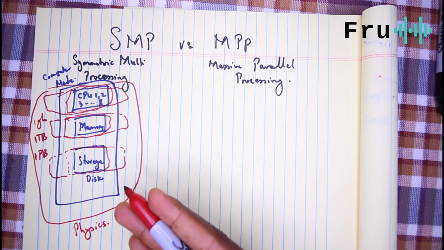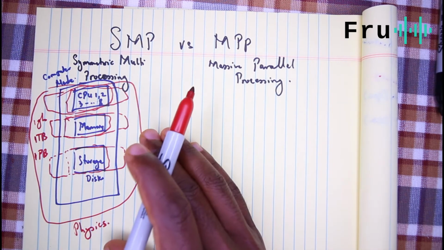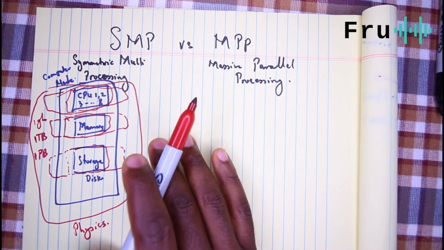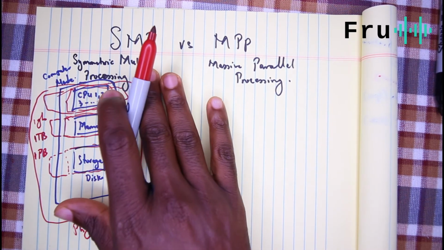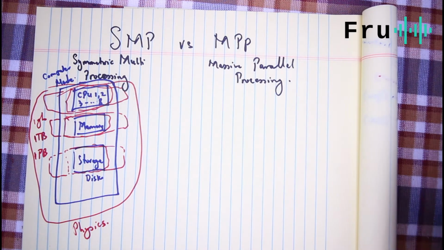And so this is a limitation that this architecture, where everything is coupled into one box, starts running into. This is the problem with symmetric multiprocessing. I'll give some examples from the corporate world.